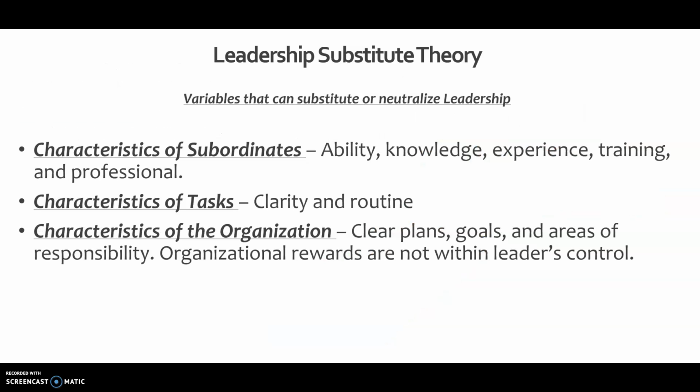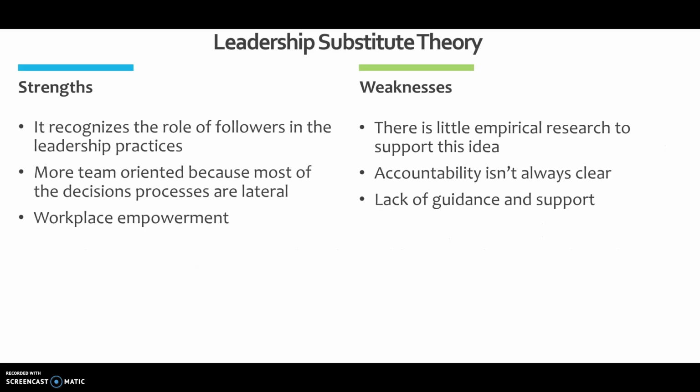Variables that can substitute or neutralize leadership. Characteristics of subordinates: they have ability, knowledge, experience, training, and professionalism. Characteristics of tasks: they're clear and routine. Characteristics of the organization: clear plans, goals, and areas of responsibility. Organizational rewards are not within the leader's control.